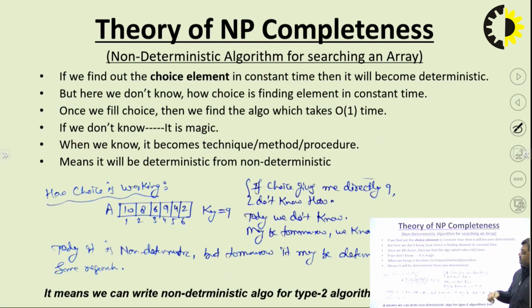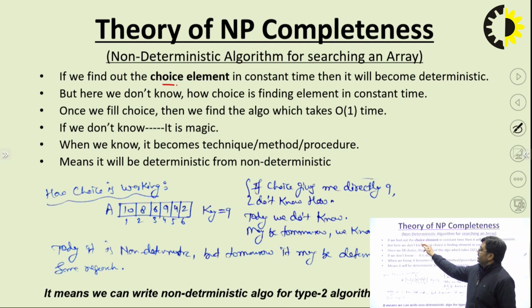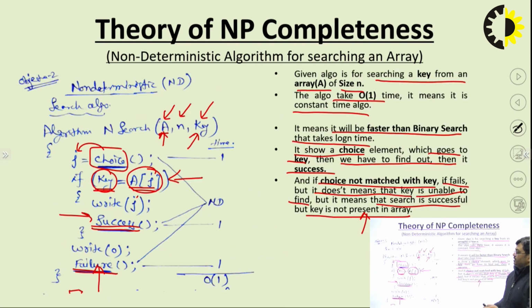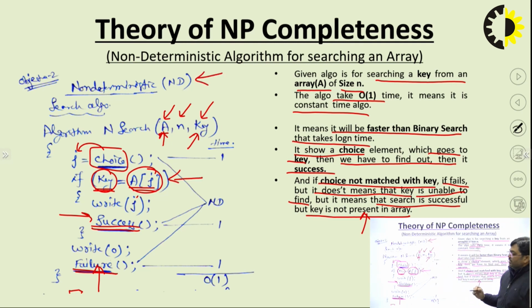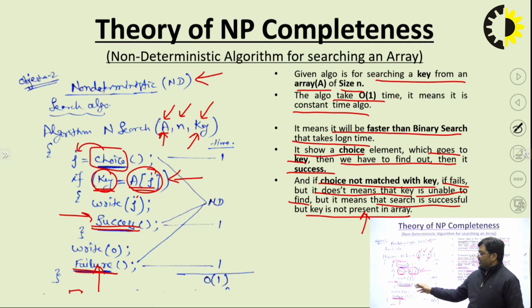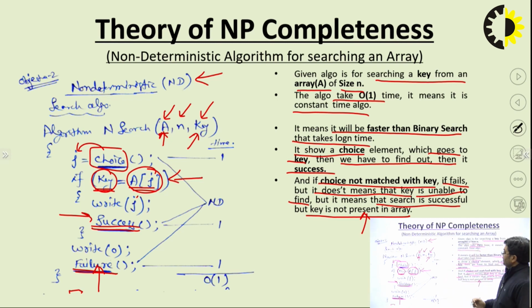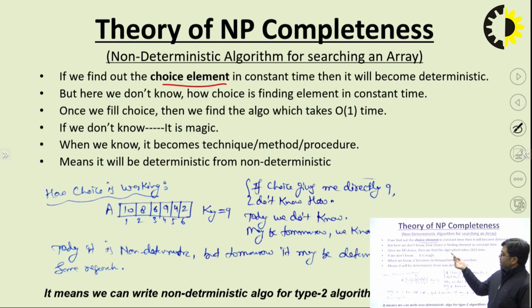Choice is the most important element in this algorithm, which we have designed for searching non-deterministically. We don't know how choice is working, how success is working, or how failure is working. So what is the choice element?